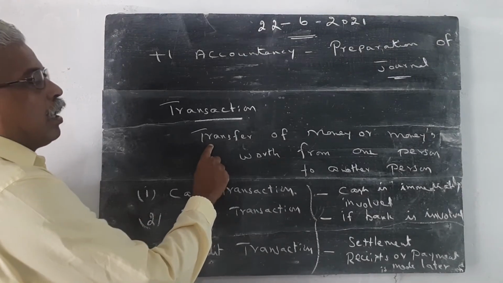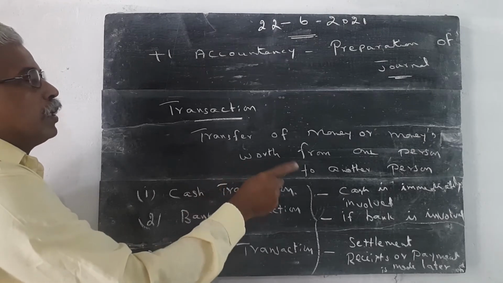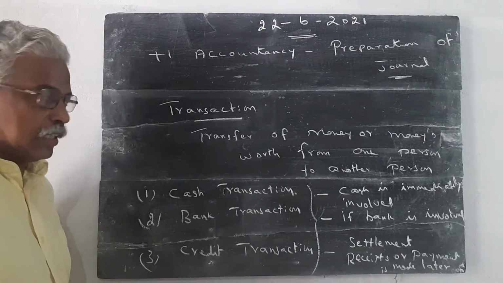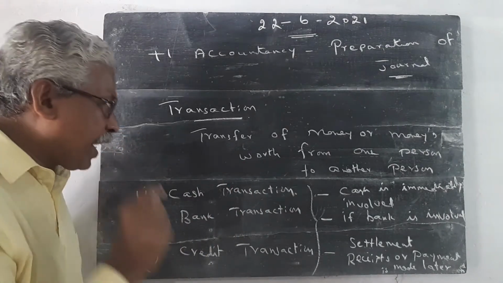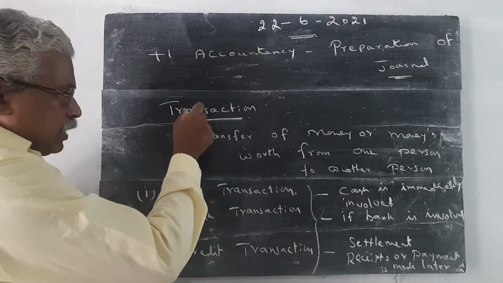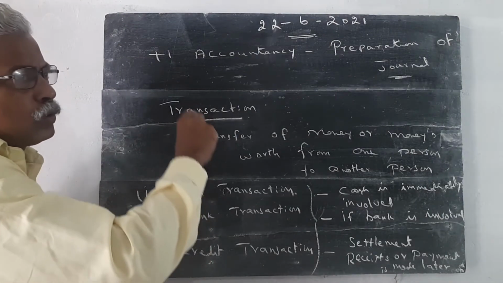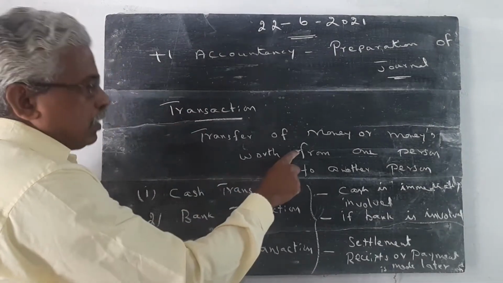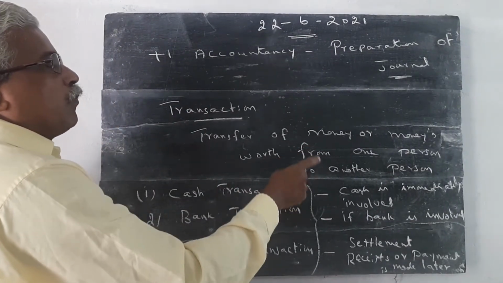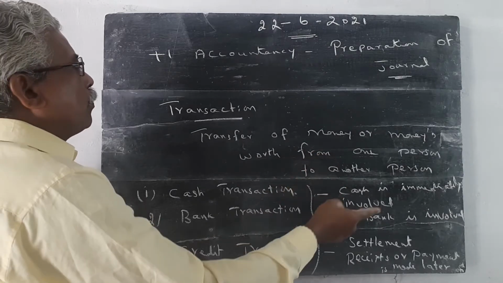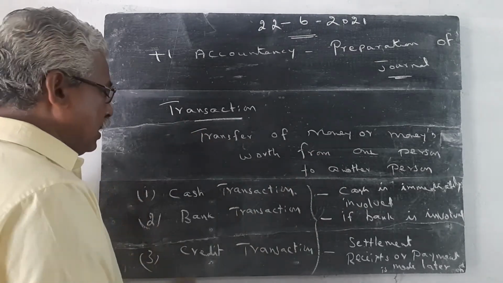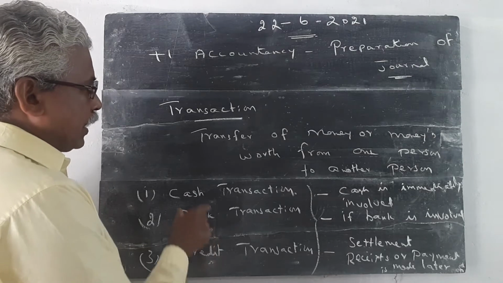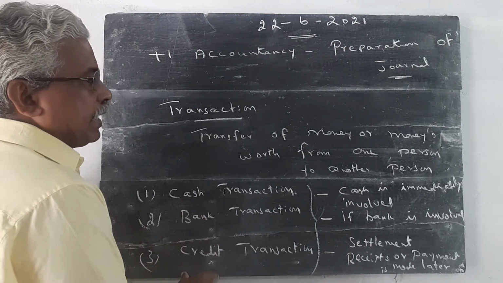Transfer of money or money's worth from one person to another person is called a transaction. I explain only one word, transaction, but the same word will come up throughout our entire life. There are three types of transaction: cash transaction, bank transaction, credit transaction.